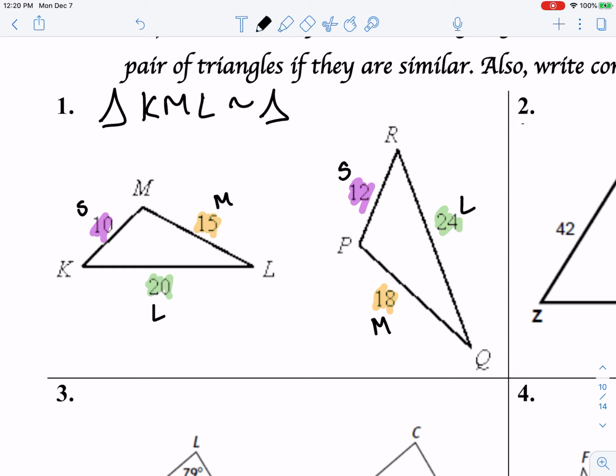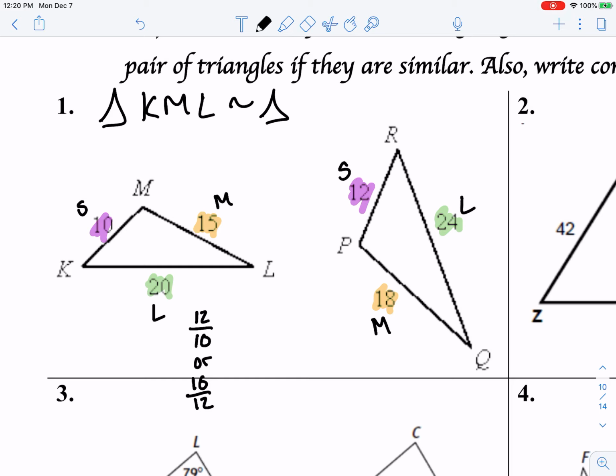Now, it doesn't matter which way you say this. So you could say 12 to 10, or you could say 10 to 12. And what we're doing here is setting up ratios for side lengths.